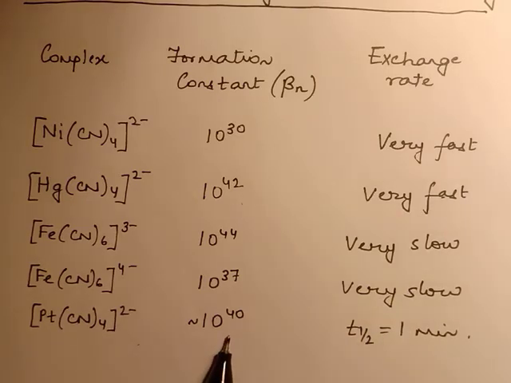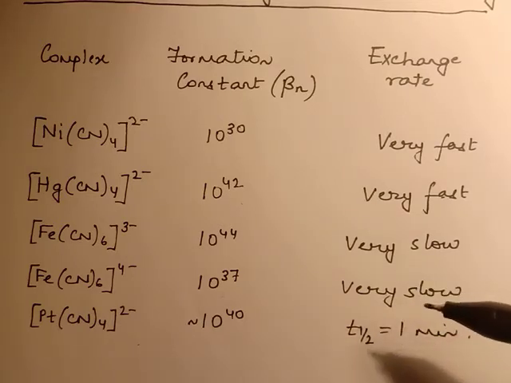PtCN4 2-: it is thermodynamically stable and T half is 1 minute, which is greater than 30 seconds. So this is again kinetically stable. As you can see, there is no direct relation between the two. That is, a compound needn't necessarily be both kinetically and thermodynamically stable.